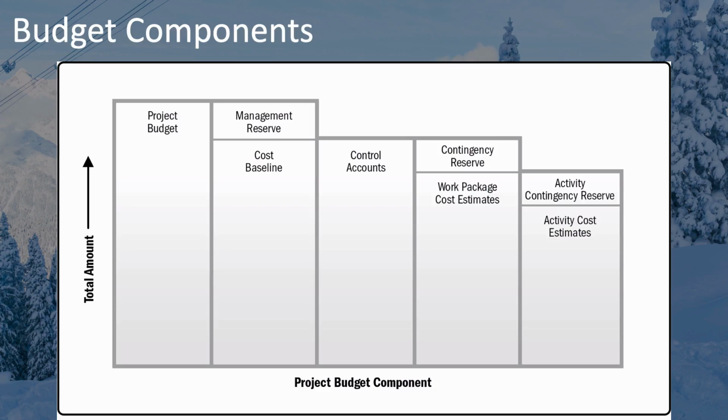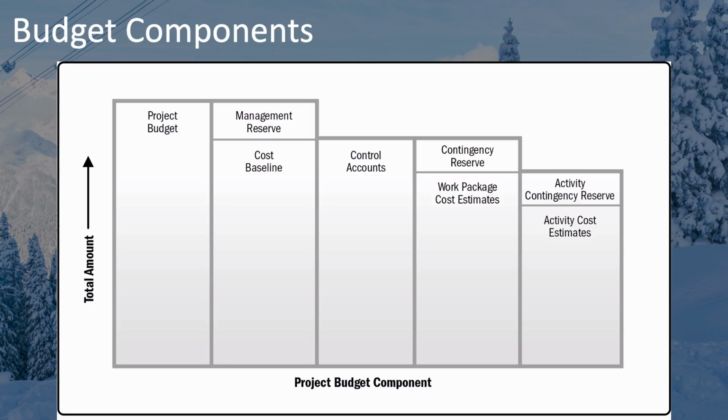Now, for your work package, you can either add an additional contingency reserve, or if you didn't do any contingency reserves at the activity level, you could put them here at the work package level. Either way, there's a spot here to include some contingency reserve on top of your work package cost estimates. Those together become what are known as the control accounts.